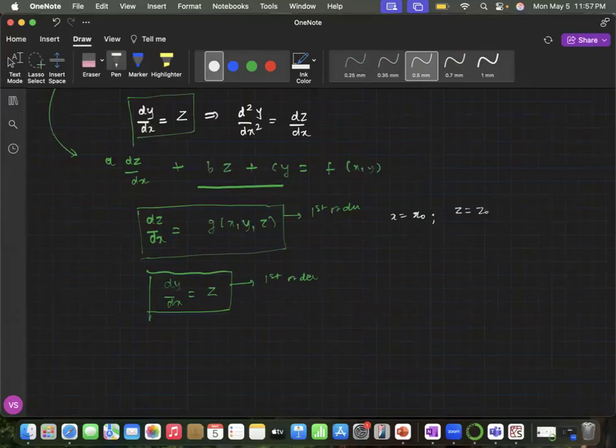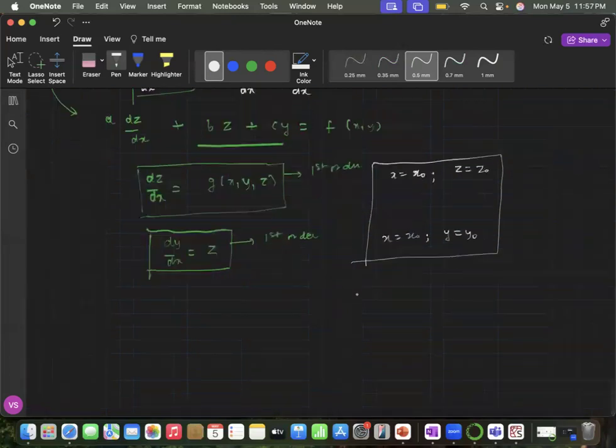And the second condition is, of course, at x equal to x naught, y is equal to y naught. So this is a very nicely specified system, and therefore you can eventually end up solving this problem very easily. This is again a coupled ordinary differential equation.